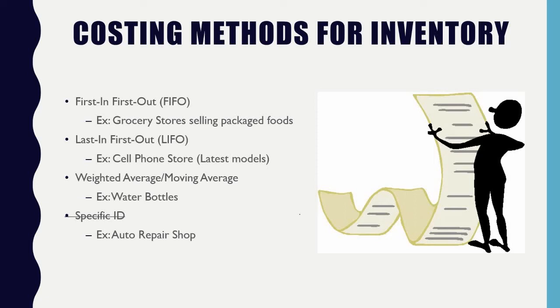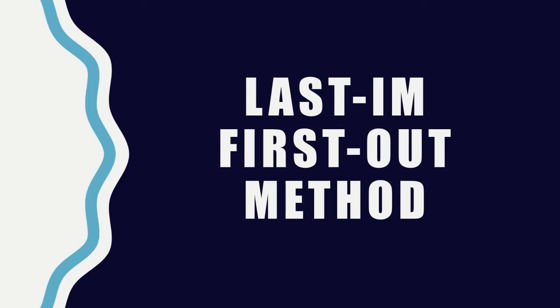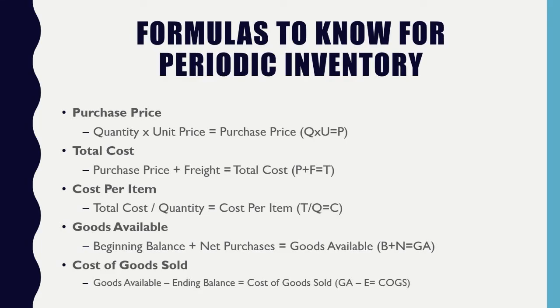So once again, with LIFO it's the same exact idea as FIFO, except instead of looking at what came first, we look at what came in last. Last in, first out.